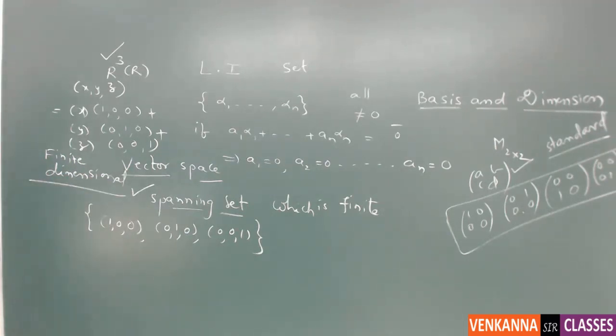So what is meant by a finite dimensional vector space? A vector space having a finite spanning set. There are some vector spaces having an infinite number of elements in the spanning set, which we won't consider here, as it is beyond our syllabus. So we deal with finite sets only.